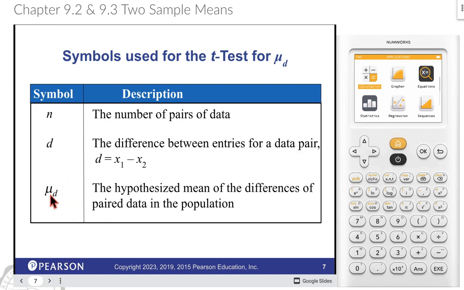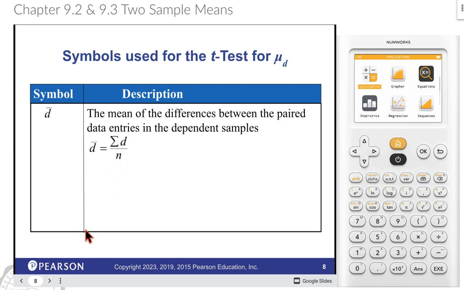We're going to need the mean from the hypothesis, and this is generally going to be 0, because again the null hypothesis when we have two samples is that there is no difference between the two means. We start with that, and if we can show that there is a difference, then we can see whether it's more or less or just different.